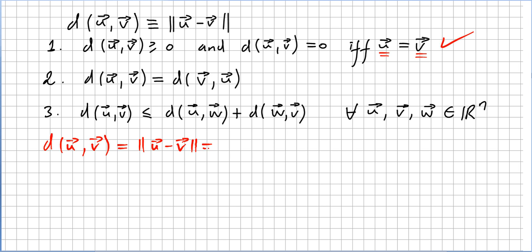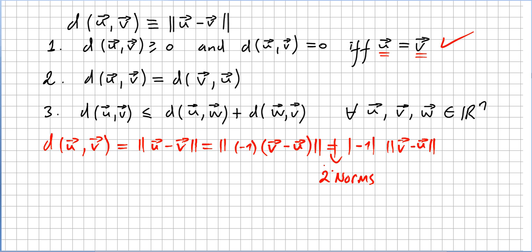But u minus v is the same as the norm of minus 1 times v minus u. We just exchange this. And this is the second property of norms, the absolute value of the scalar times the norm of the vector.